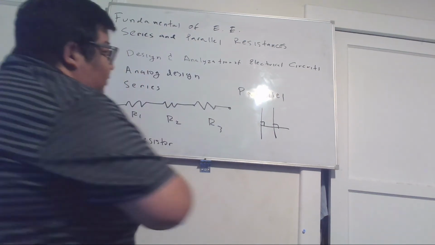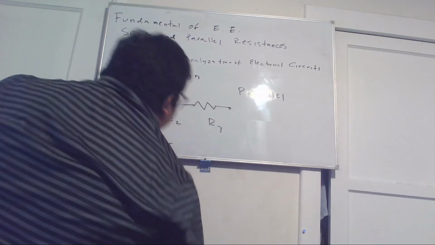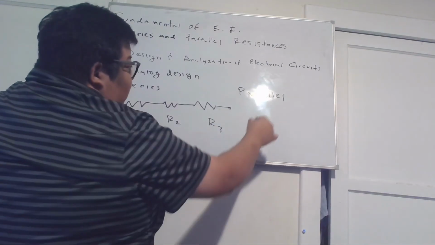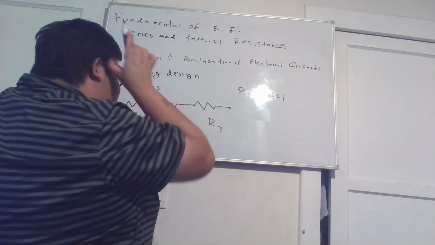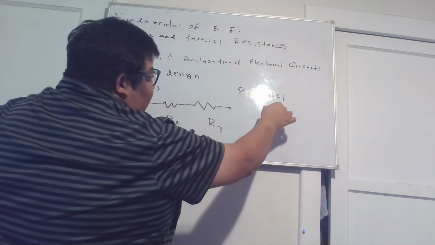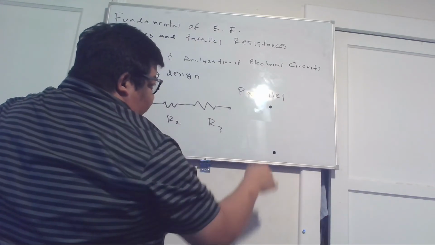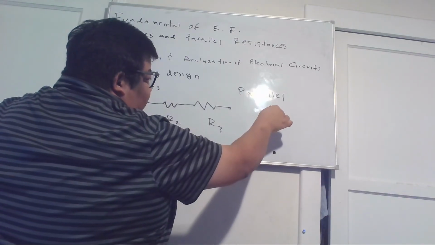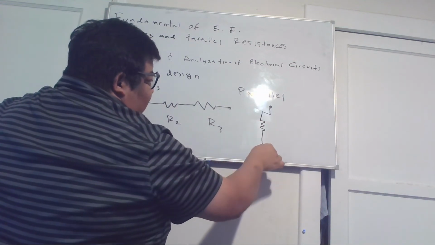But it turns out that in parallel circuits, it's something similar, but being touched is not really what we meant by that. What we meant is that we have a node here and a node here, and from that node there are different paths.